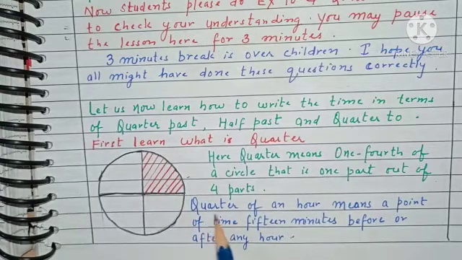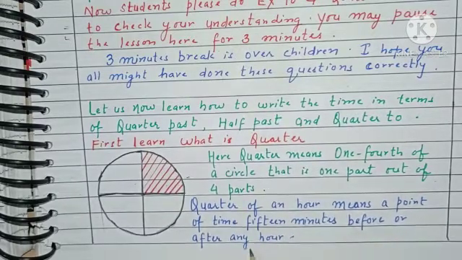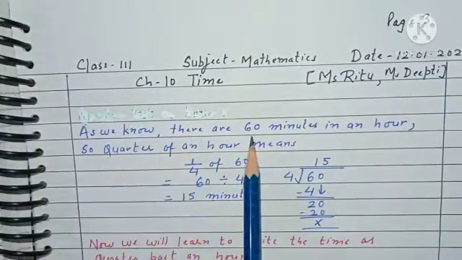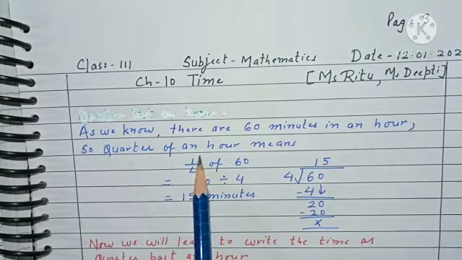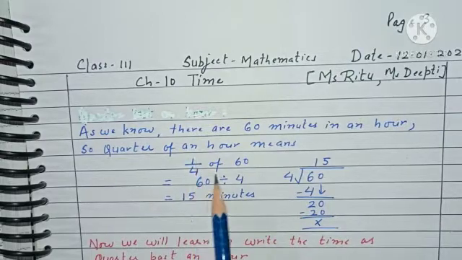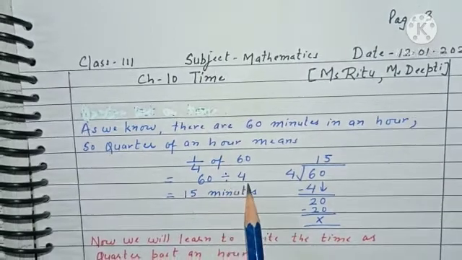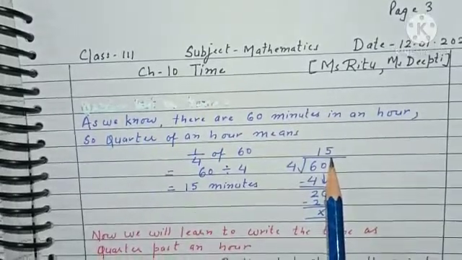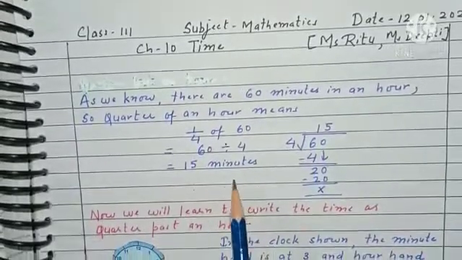And quarter of an hour means a point of time 15 minutes before or after any hour. As we know, there are 60 minutes in an hour. So, quarter of an hour means 1/4 of 60, which is equal to 60 divided by 4. On dividing 60 by 4, the answer comes out to be 15. So quarter of an hour means 15 minutes.